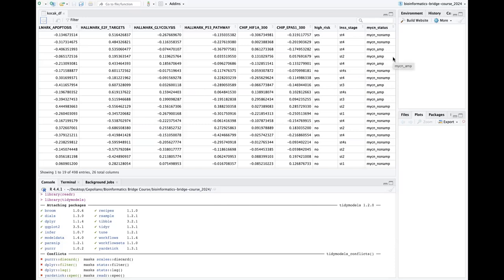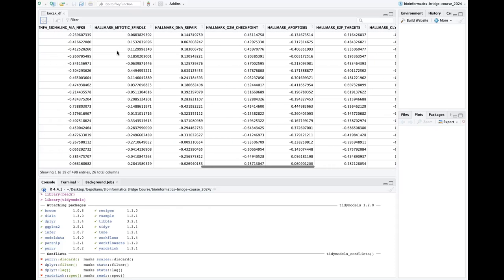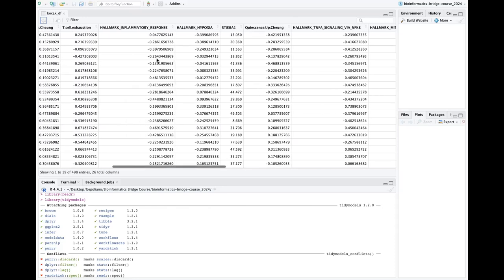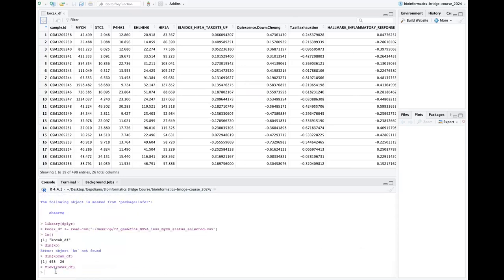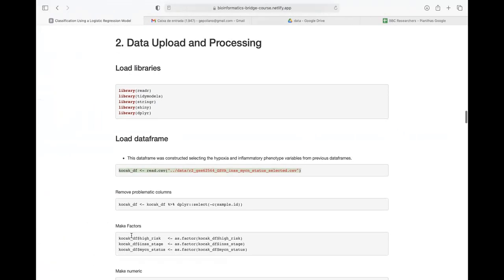Remember, the high risk patients have a very high MYCN expression values, right? Maybe you remember seeing that plot. So I was expecting that MYCN, so the one on the right was MYCN status, but the one on the left is the MYCN expression. And to my surprise, this did not give a very high weight for the MYCN, and I do not know why that was. But anyways, let me go back here.